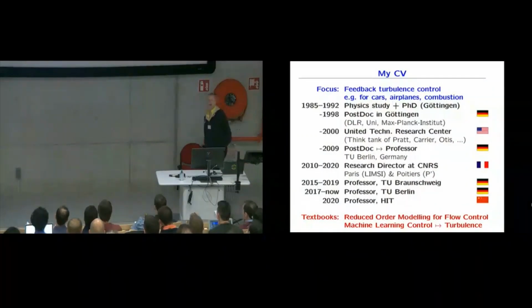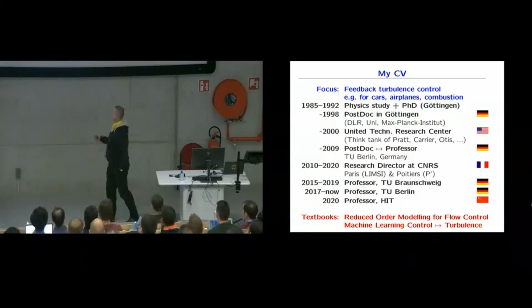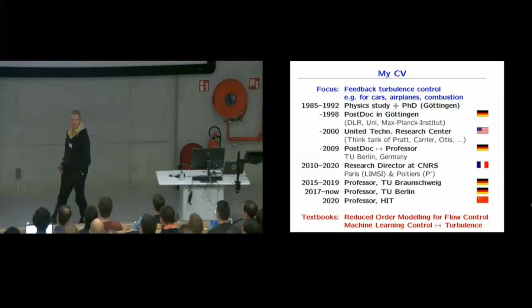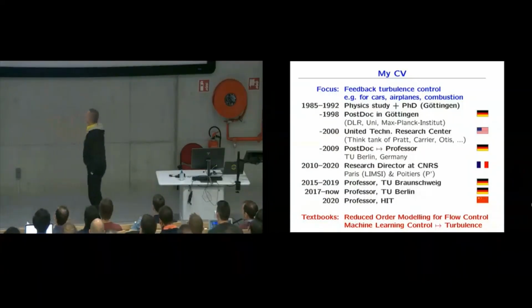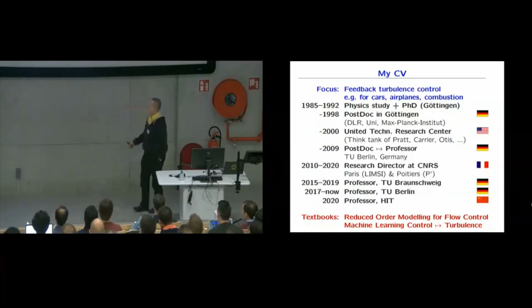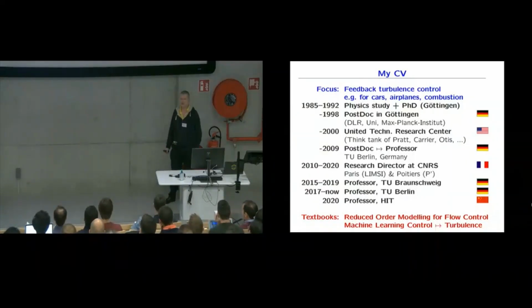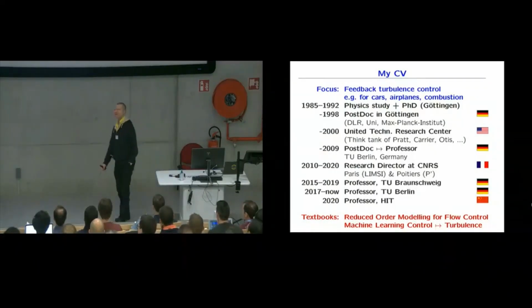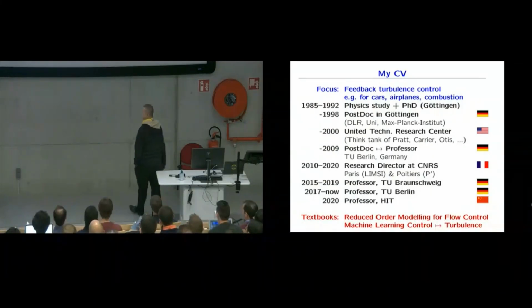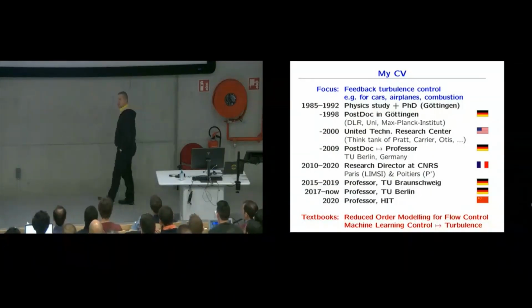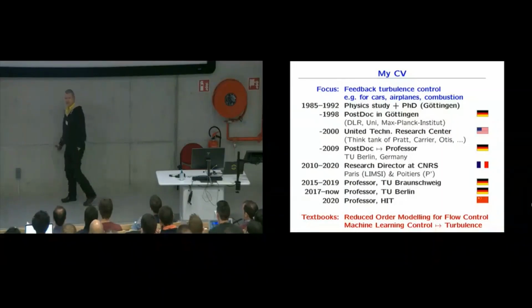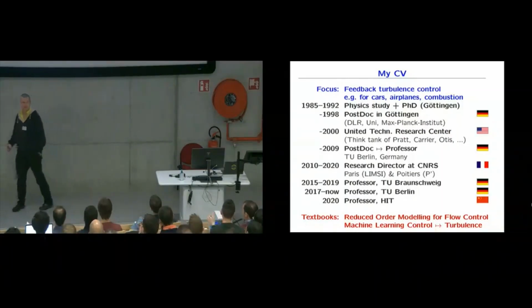And briefly, a few words about me. So I started to study physics when most of you were not born. And then I had a couple of postdoc years in Göttingen, and we have a couple of people from Göttingen here right now. Then I was 2 years at the United Technologies Research Center, and this made a former physicist a real engineer.